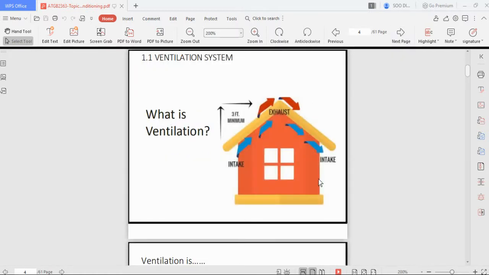So what is ventilation? Ventilation is basically a replacement of the air inside the room through differences in pressure. There are different criteria to fulfill in achieving this, and we will go more in depth in the next few slides.